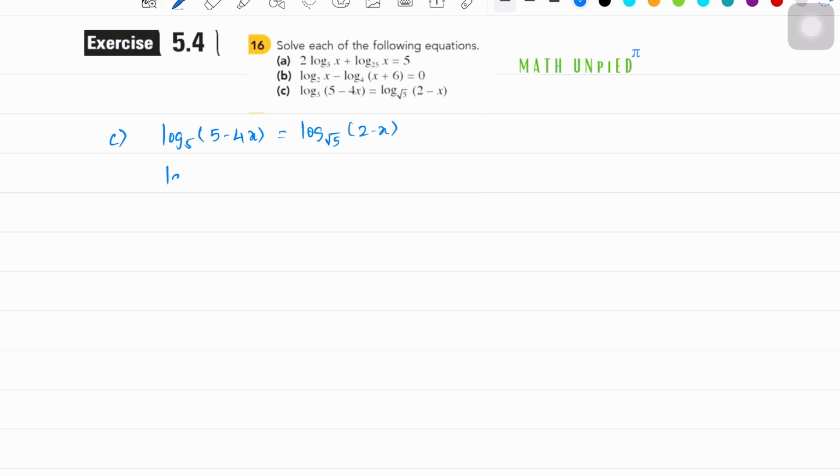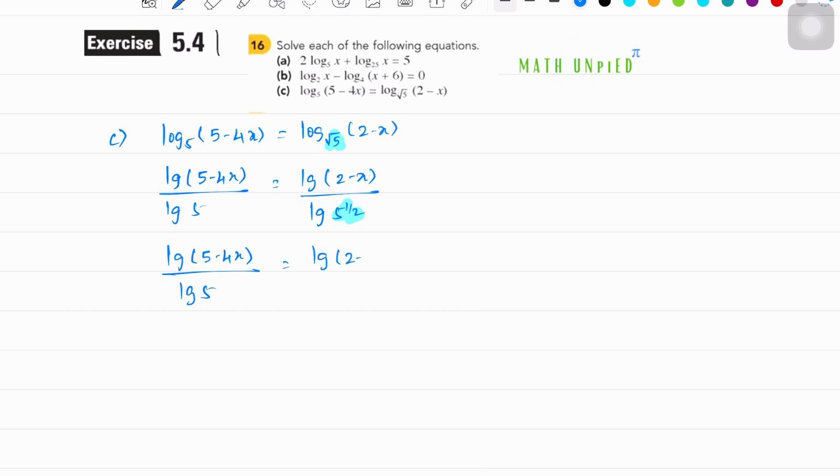This is log of 5 minus 4x over log of 5 equals log of 2 minus x over log of 5 power half. So we can write square root of 5 as 5 power half. Now this is log 5 minus 4x over log 5 equals log 2 minus x over half log 5.